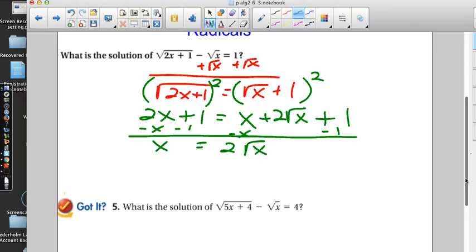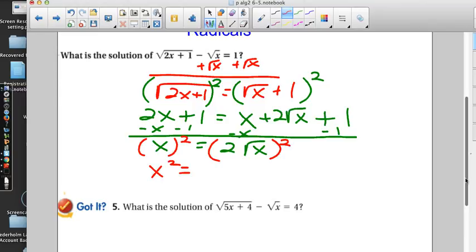Looks like so. Now, if you don't mind working with fractions, you could certainly divide by the 2 right now before you square this. But usually what that does is it overcomplicates the situation. So most of the time we recommend that right here you square both sides.